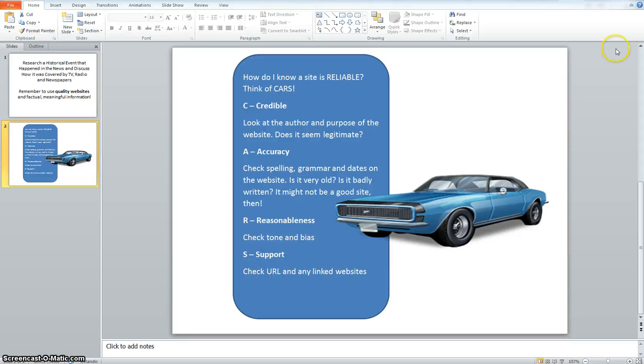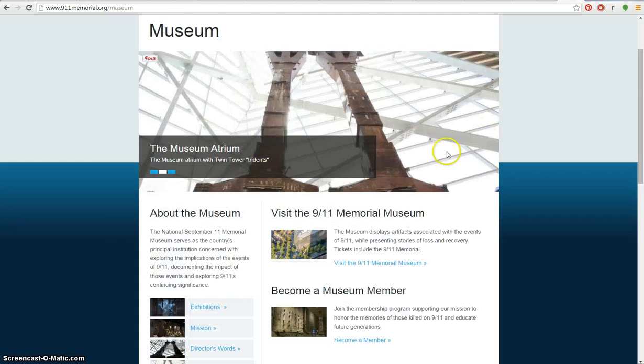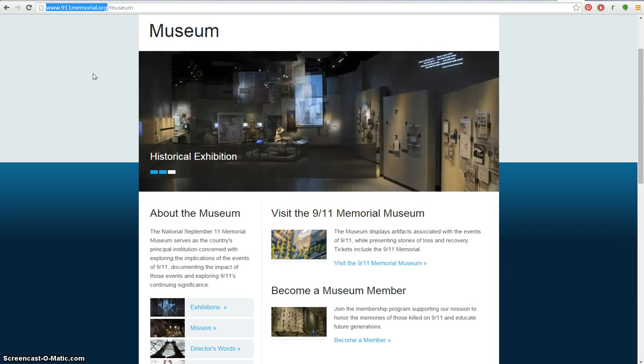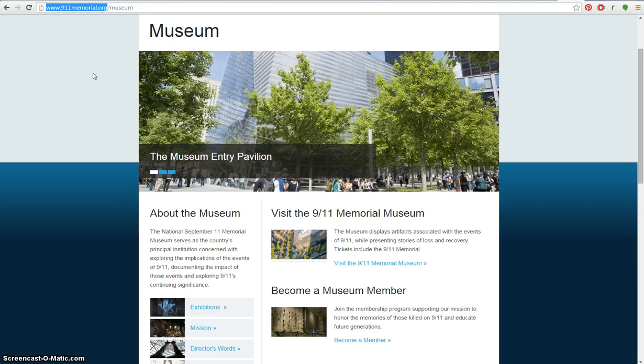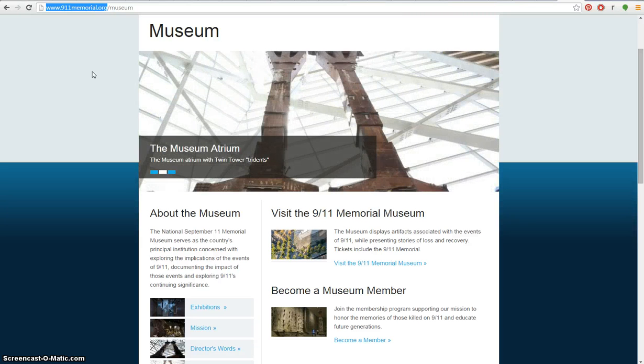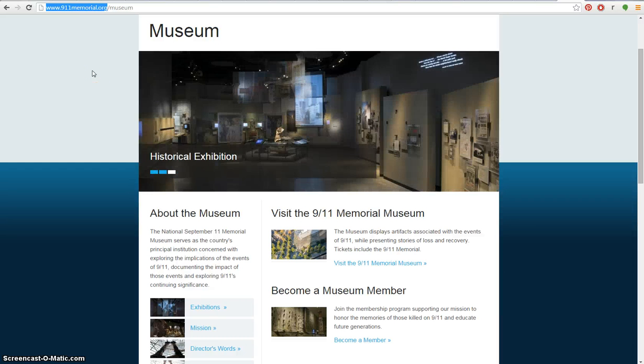The last thing, support. Check the URL and any linked website for their quality. The URL up here is 911memorial.org, and as we said, they're an organization, which means they're a little bit more credible than any .com URL. .org, .edu, and .gov are generally indications of quality websites because only certain people are allowed to use those extensions.